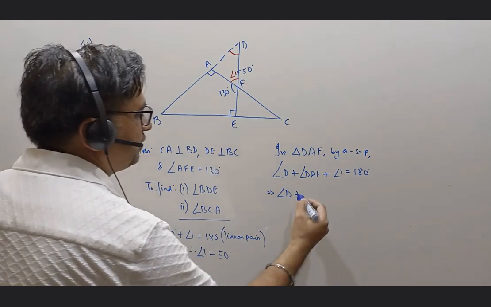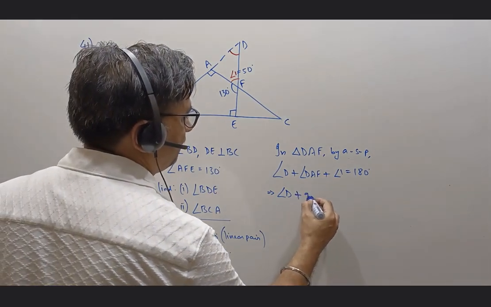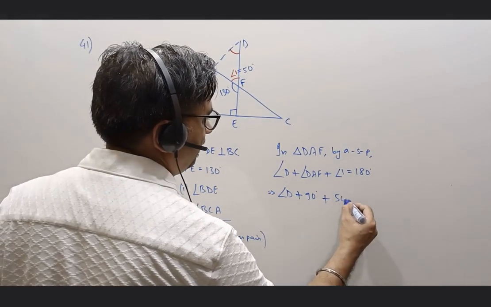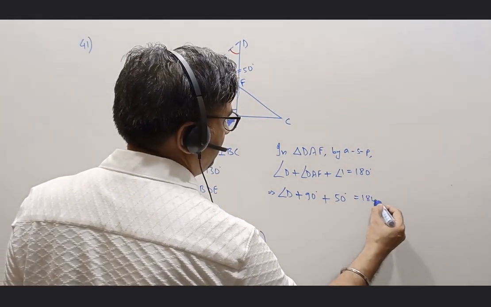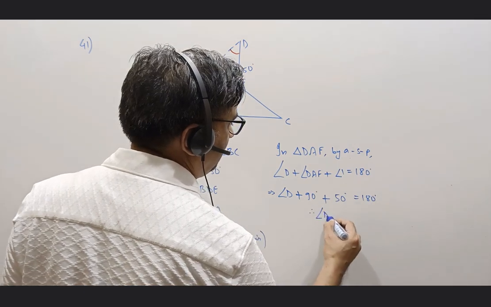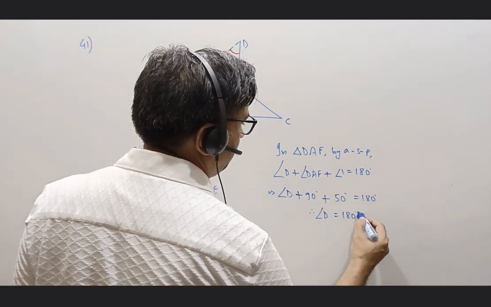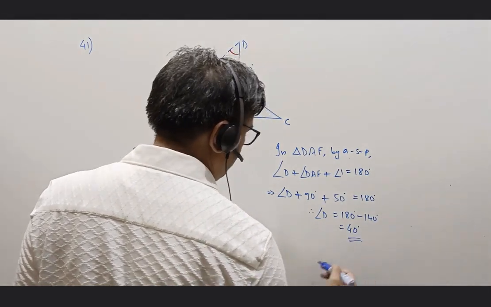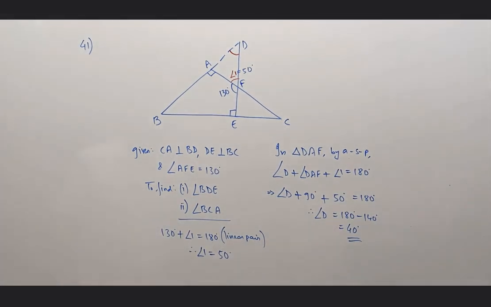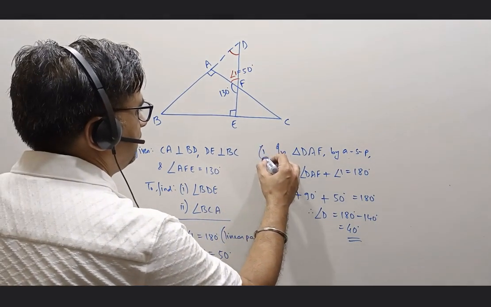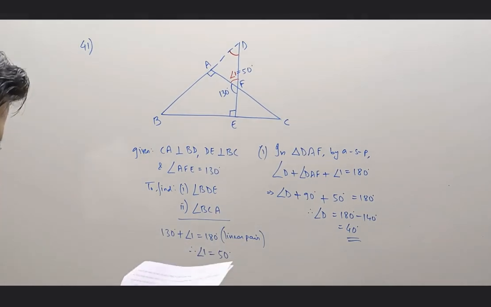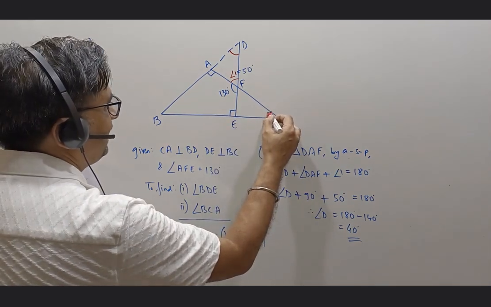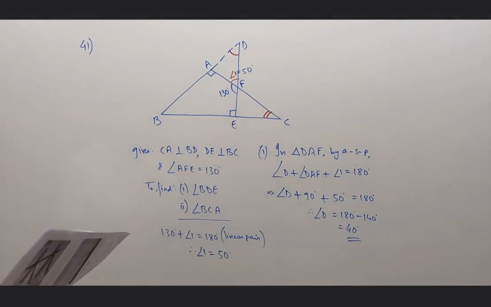This is 90 degrees, and angle 1 we just determined, it's 50 degrees. So that is 180 degrees, and therefore angle D will be 180 minus 140, and that gets us 40 degrees. That's the first bit. The next thing that we are required to find is angle BCA. Angle BCA is the other angle that we are required to find.